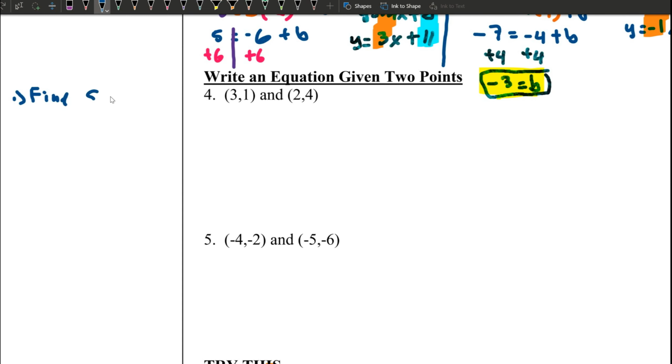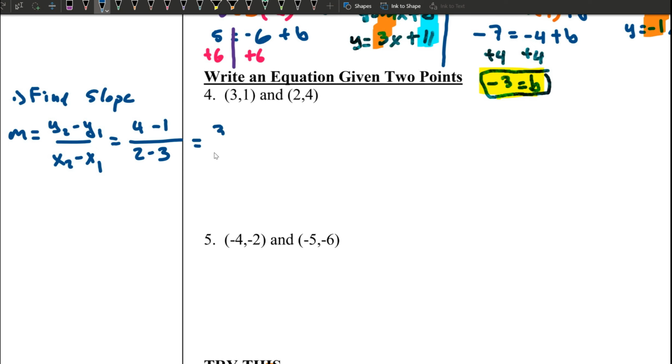You don't have the slope, so we need to find it. m equals y2 minus y1 over x2 minus x1. That will be 4 minus 1 over 2 minus 3. That will give me 3 over negative 1, which is negative 3. So m is negative 3.